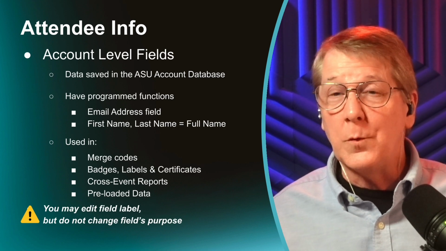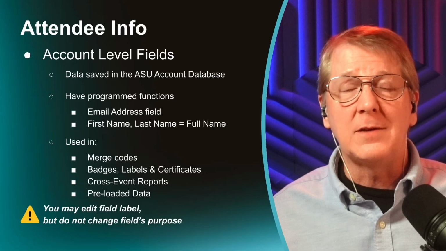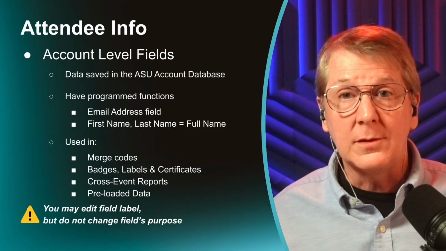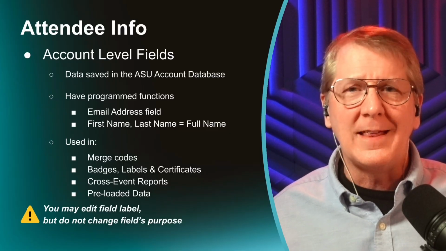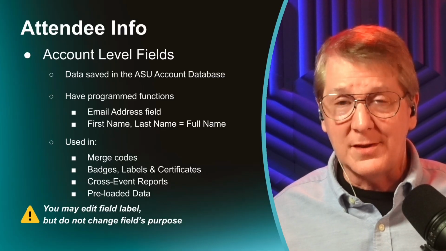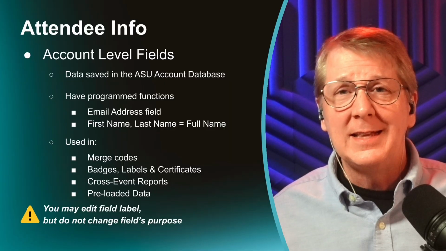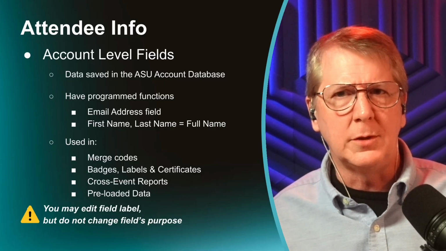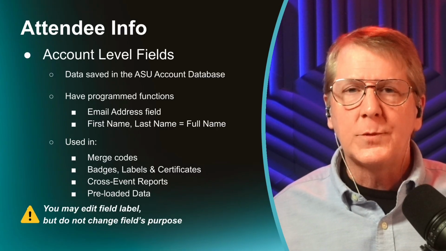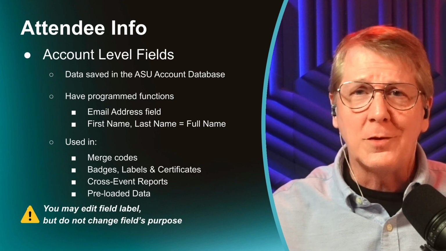But what you would not want to do is change title to what is your favorite color and then provide a list of options. Then you have changed its purpose. And this can lead to problems throughout the system if people are using that preloaded data, for example. They're going to wonder, why, I just registered for another event, is it saying my job title's blue? Okay, so use, don't abuse the account level fields.